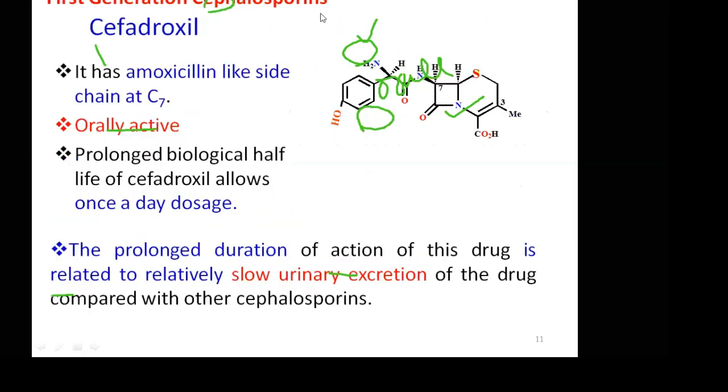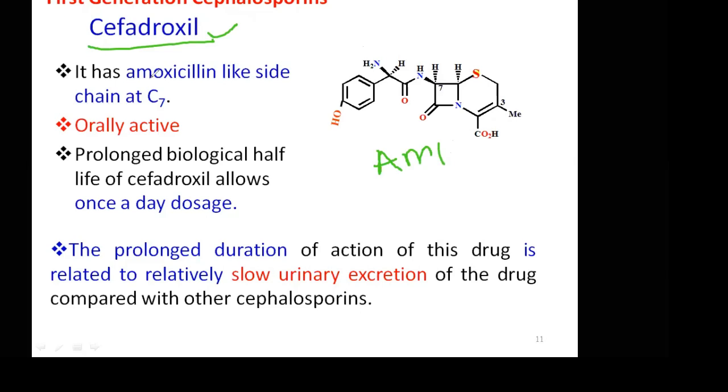Now, one more drug. See, the previous drug, cephalexin, looks like ampicillin. Now cefadroxil looks like amoxicillin, because of the presence of the hydroxyl group.